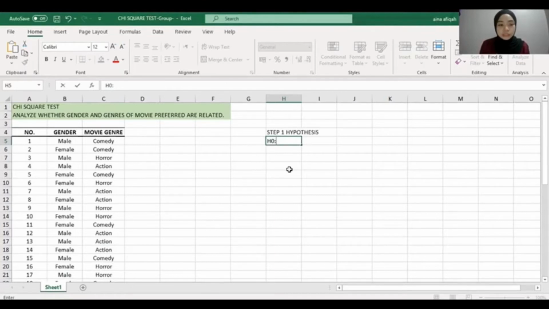Then I will write the null hypothesis that there is no relationship between gender and genre of movie.